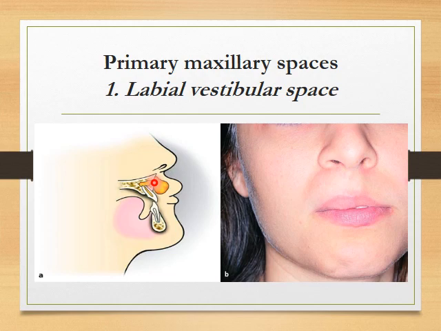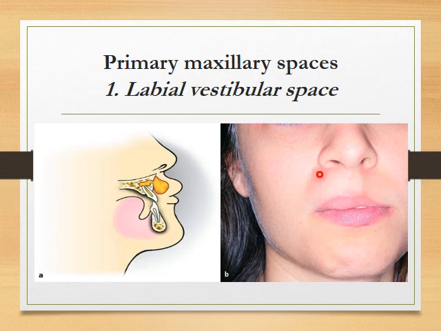What are the signs and symptoms? What do I see when the patient comes suffering from labial vestibular space infection? From the vestibule, fluctuation and swelling. As we see here, we see a swelling of the upper lip.